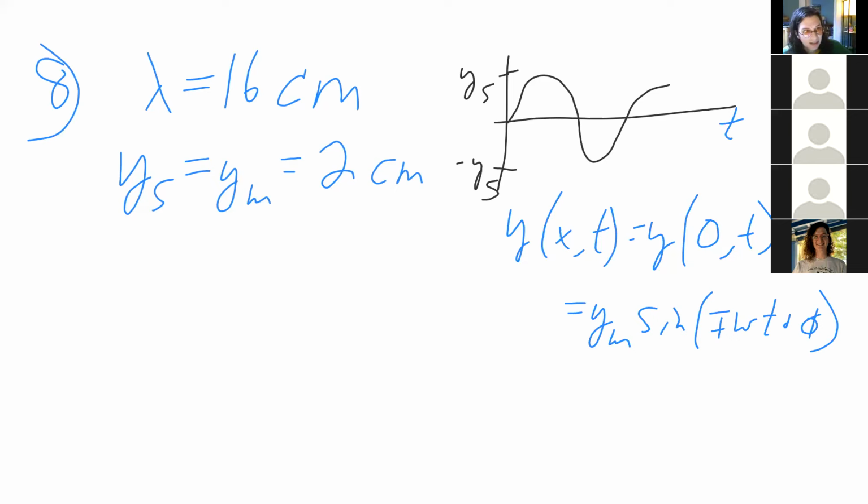And in this case, which one am I using, positive or negative? Well, they tell me explicitly that it's moving in the positive direction of the x-axis. So that means that inside here, I would have a negative sign.